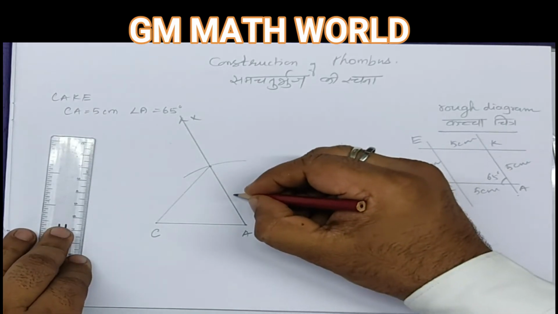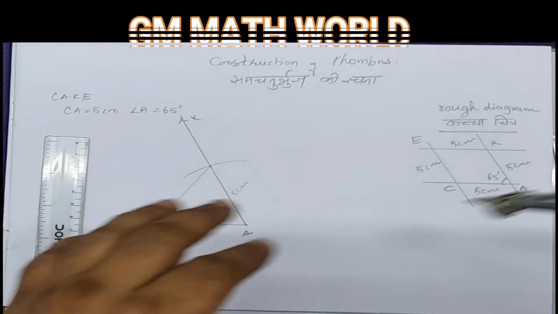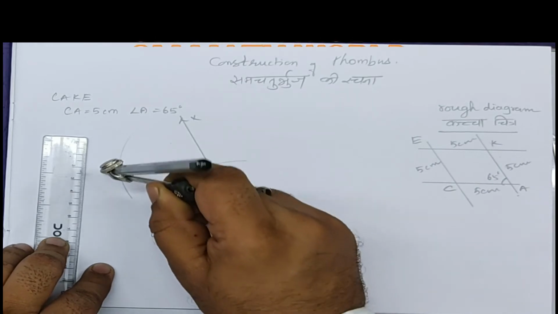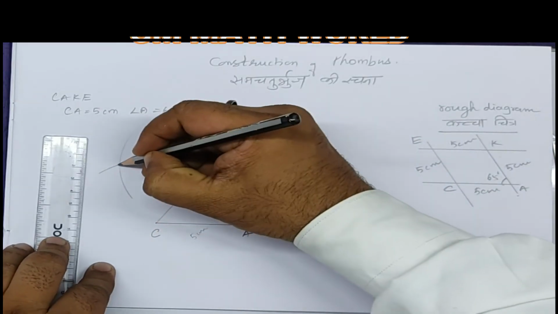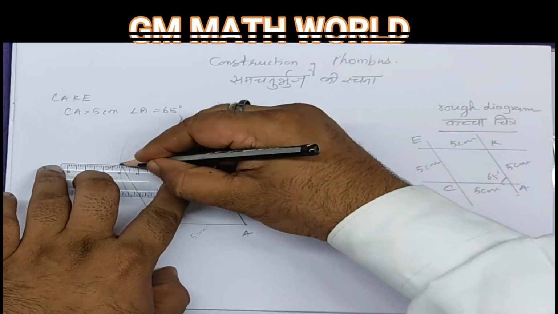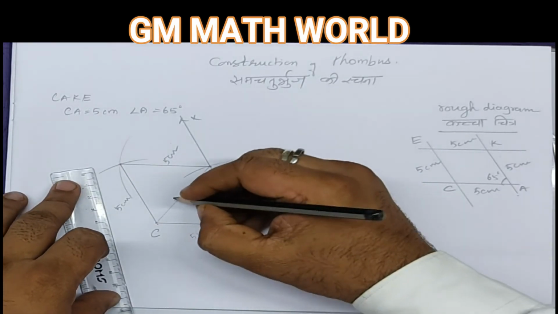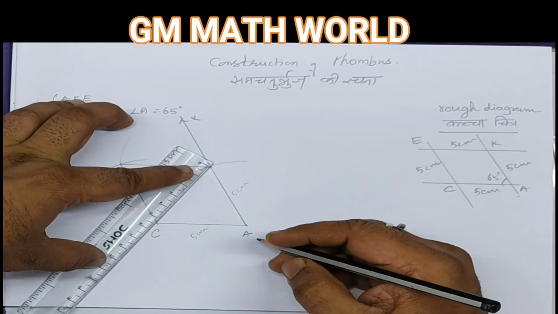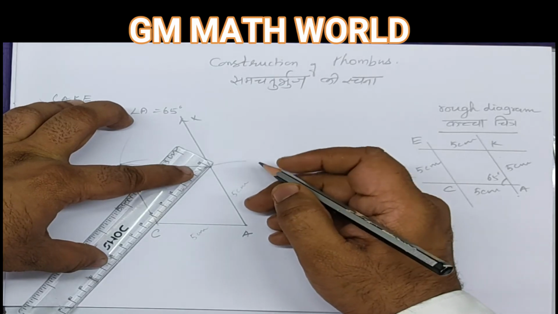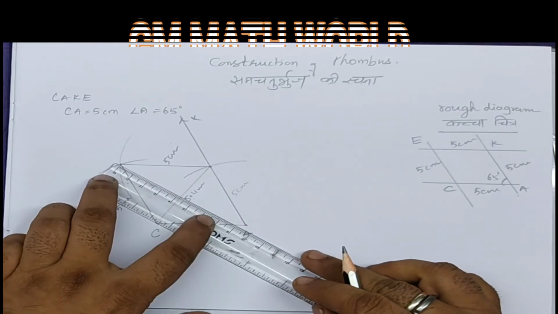Taking 5 centimeter in the compass, with A as center, intersect the ray by drawing an arc at 5 centimeter and give the name as K. And then all sides are equal, so same 5 centimeter from K towards E, and from C we have to cut the previous arc and get the vertex E. Now all vertices of rhombus are obtained.